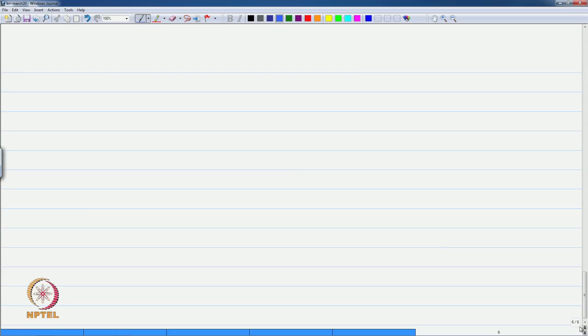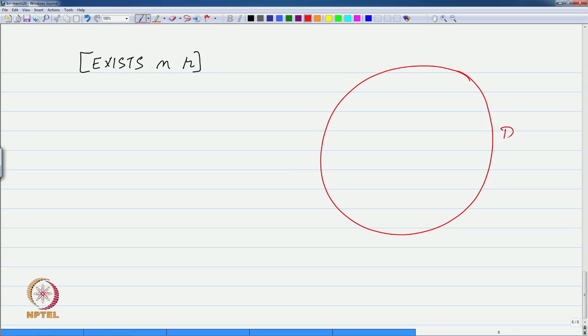Okay. So, let us look at the next one, which is exists n R, where n is a positive integer. So, again let me start with semantics. So, if there is a domain D and there is a role R, let us say child or something like that, and the knowledge base has these kind of things.